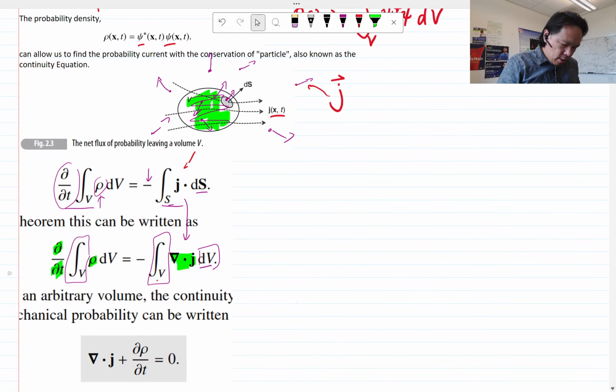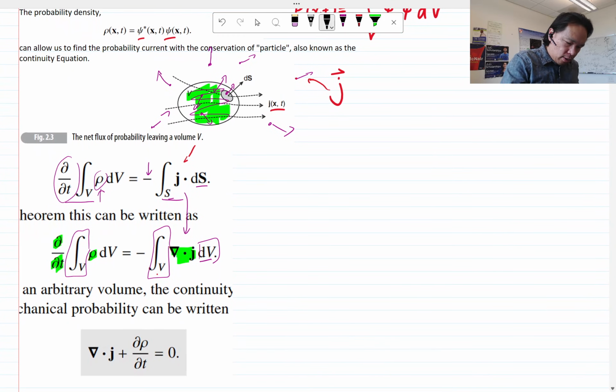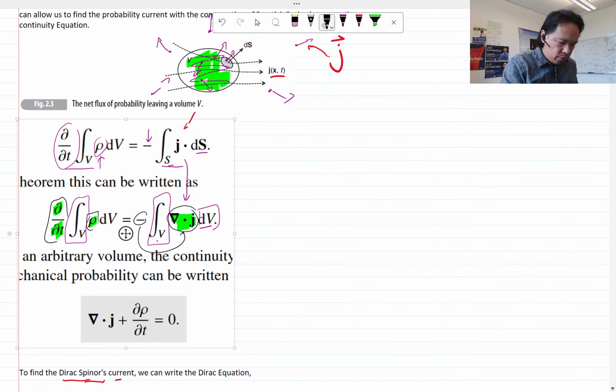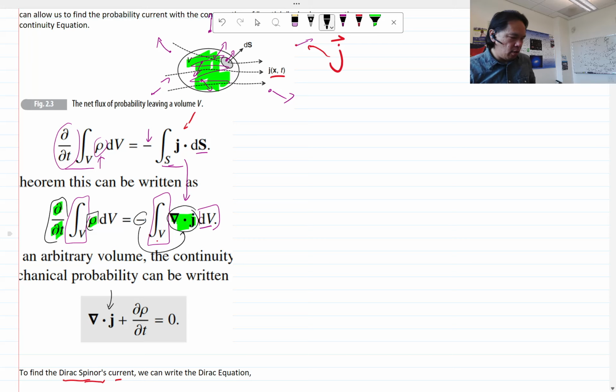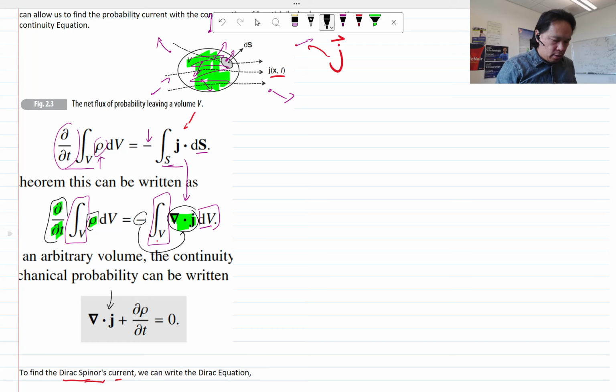What that tells us is that this stuff is equal to this stuff with a negative sign. So if we put the negative of the divergence of the current to the left hand side, you end up with an equation where the divergence of the current plus the change in the probability density has to add up to 0, and this is known as the continuity equation. Okay, just write that down.